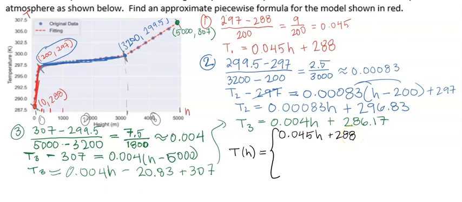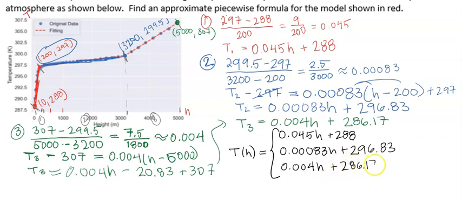The next piece, the middle piece, is 0.00083h plus 296.83, and then the last piece is 0.004h plus 286.17.